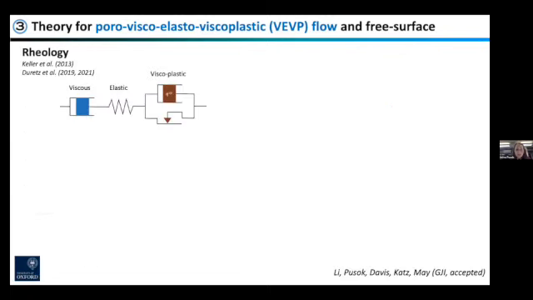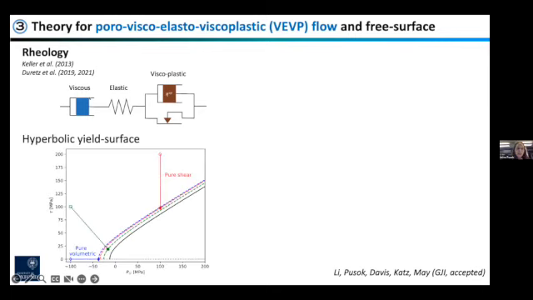So what came out of this? It's actually a new study that was accepted in JGI today, and it uses a viscoelasto-viscoplastic rheology and has a hyperbolic yield surface, which represents the Drucker-Prager failure criterion for the shear deformation and a Griffiths criterion for the volumetric deformation.